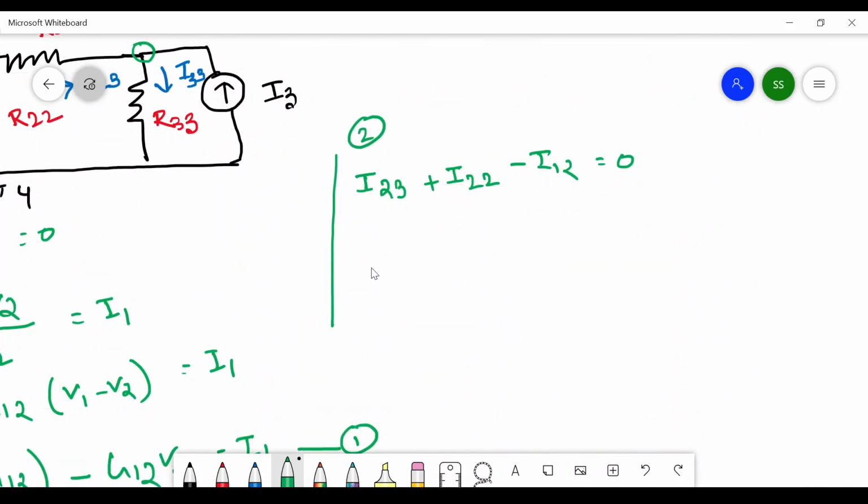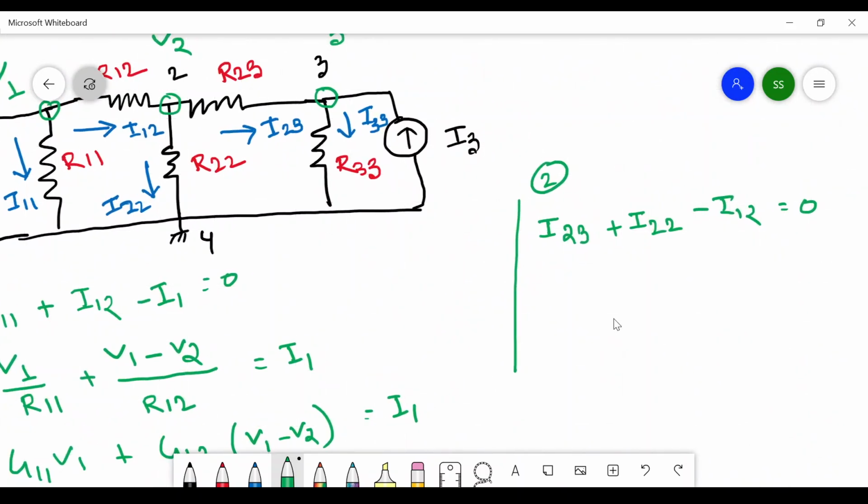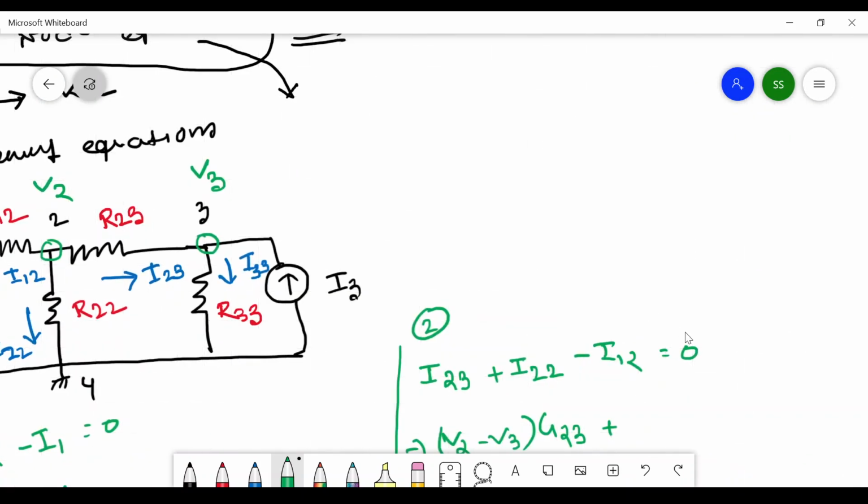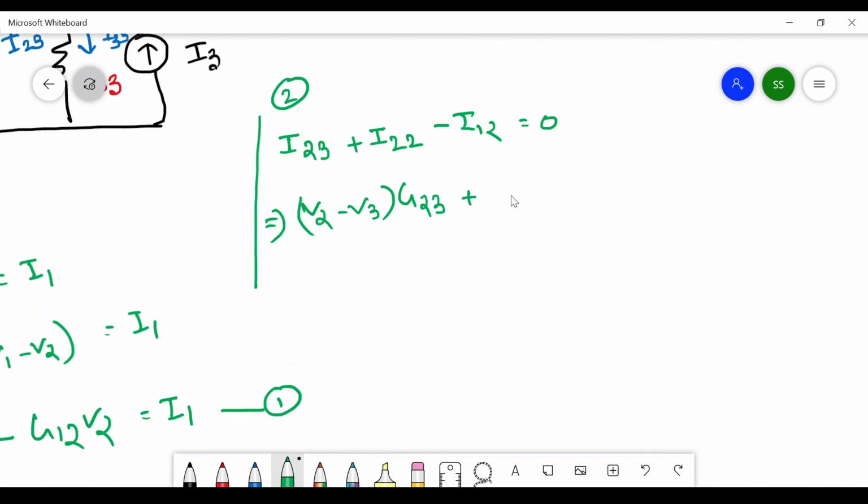If I rewrite the equation, I23 will be V2 minus V3 into G23, plus I22 will be V2 into G22, which is equal to I12.